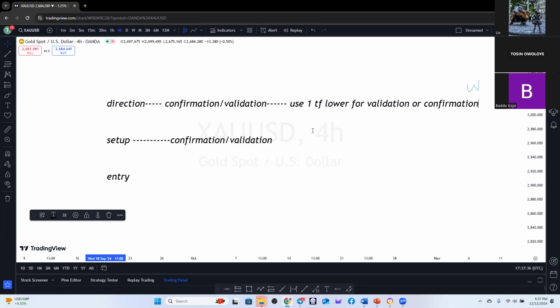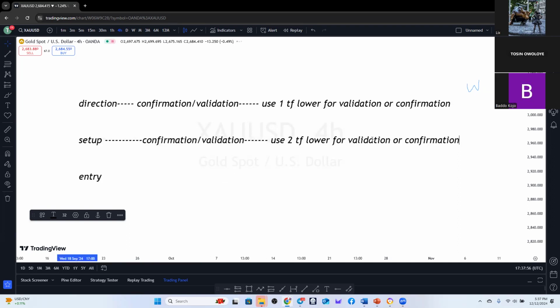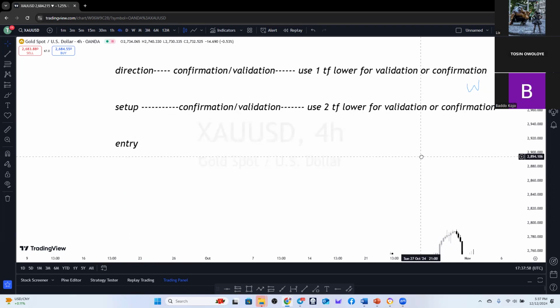For setup, use 2TF lower for validation or confirmation. So, do you understand?